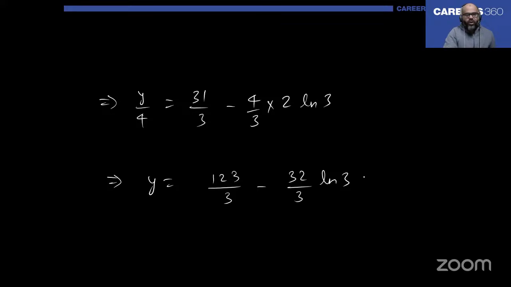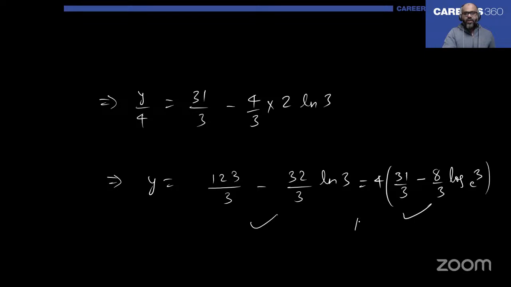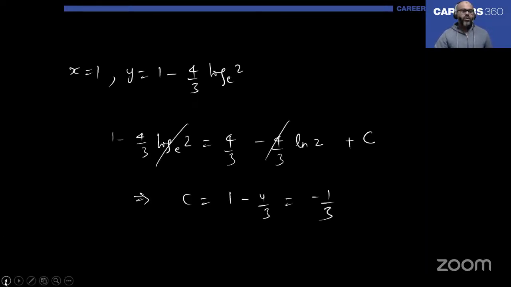So it is 4 into 31 by 3, that is correct, minus 8 by 3 log 3 to the base e. So that is fine. This is our answer. I forgot to give you the option here, but this is the answer.